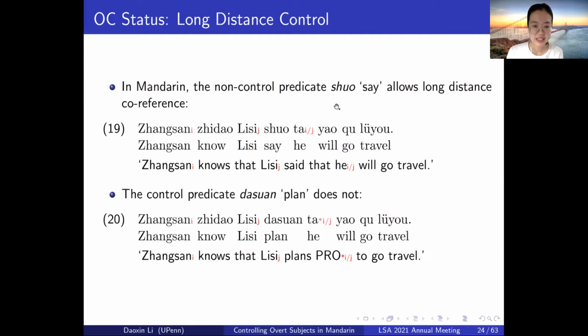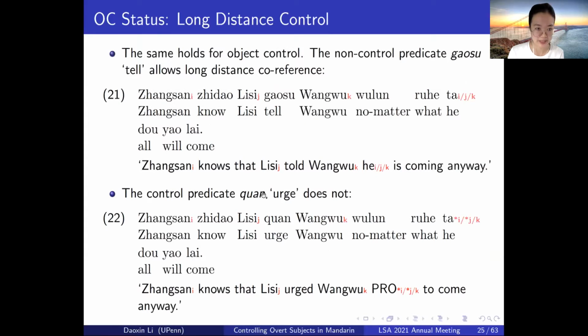Now in Mandarin, the non-control verb say allows long distance co-reference. So in 19, Jiang San no, Li Si say he will go travel. The he could be either Li Si or Jiang San. But under the control verb, Jiang San no, Li Si plan he will travel. The pronoun can only be Li Si, not the long distance Jiang San. And again, the same holds true for object control.